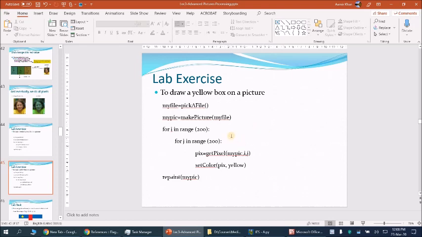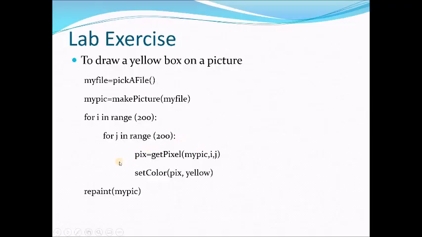So here you see, let me explain it. Again I will take the pen. This code over here, the inner part of the code, will draw a line on the picture at a given point.